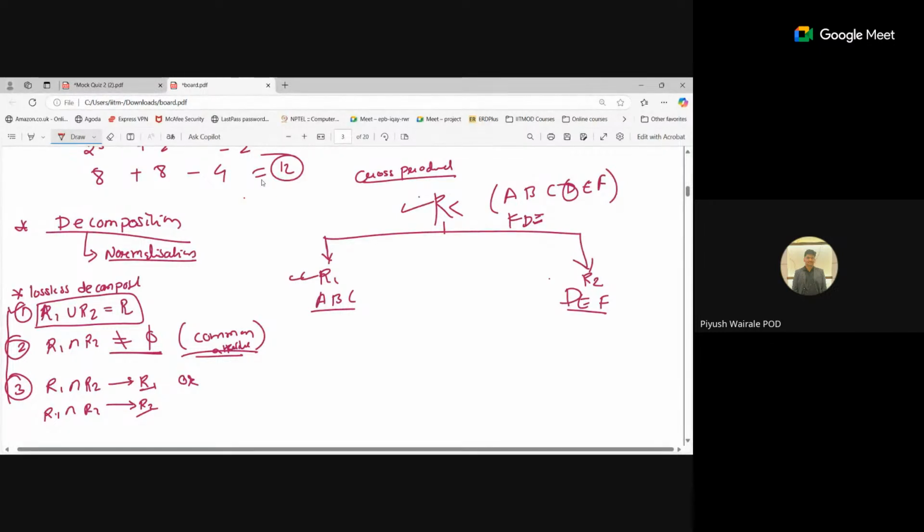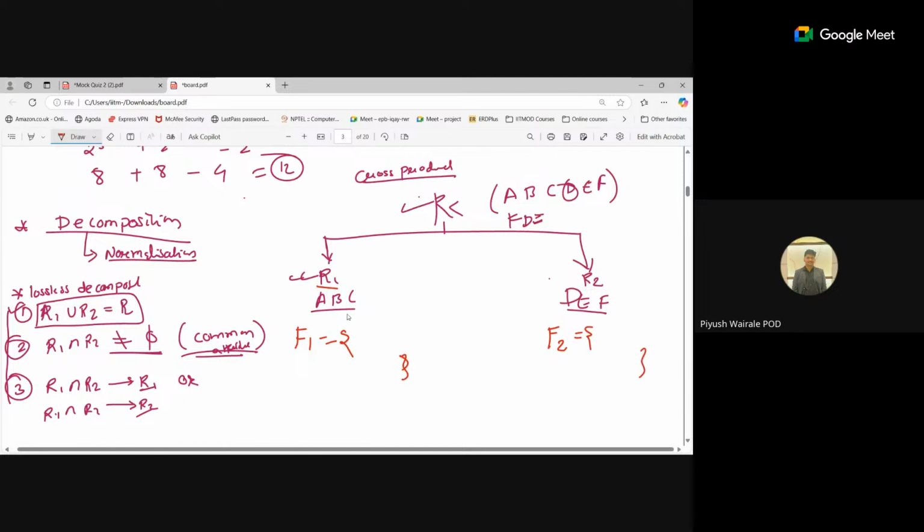Okay. So let's say we have this R, and R1 and R2, right? Now first we need to find all the applicable functional dependencies to R1 and all the applicable functional dependencies to R2. That is what F1 and F2 are. Now, when I said all the applicable functional dependencies, what do I mean?